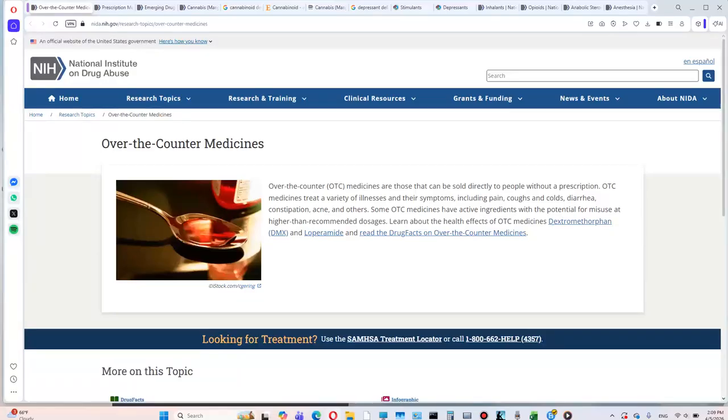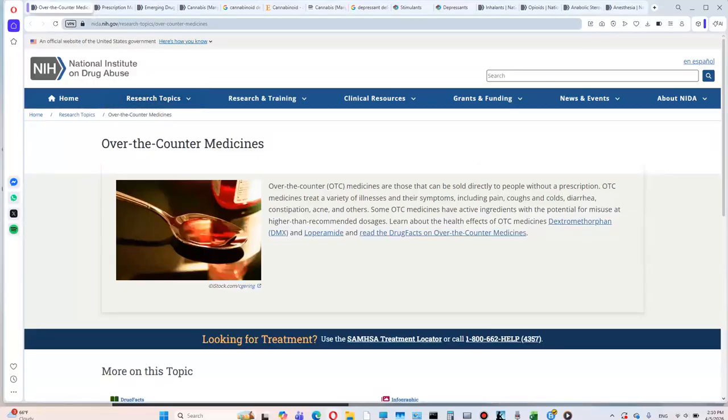Learn about the health effects of OTC medicines, dextromethorphan, DXM, and loperamide, and read the drug facts on over-the-counter medicines. Once again, this is from the National Institute on Drug Abuse.